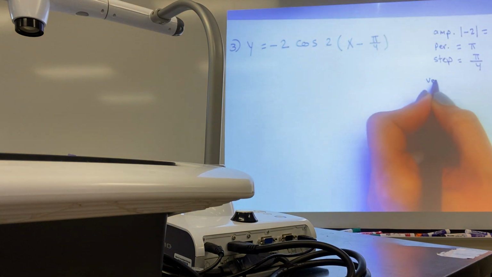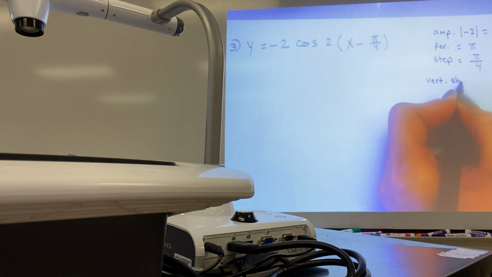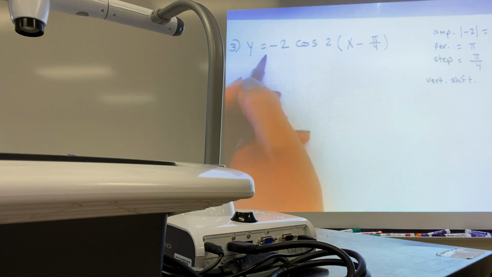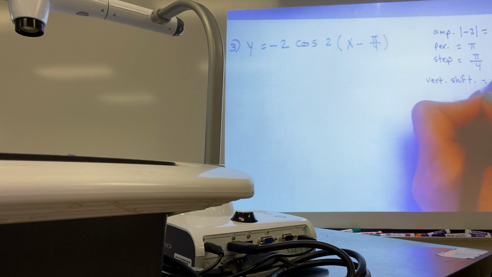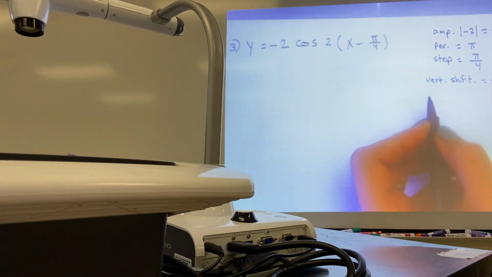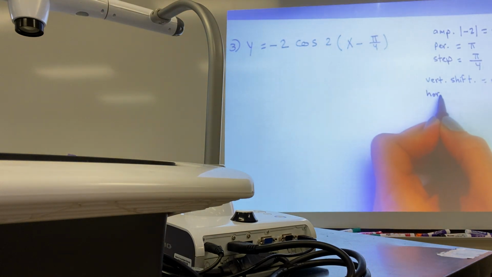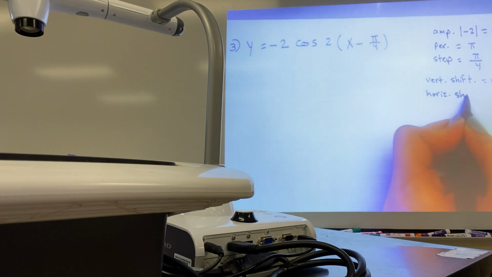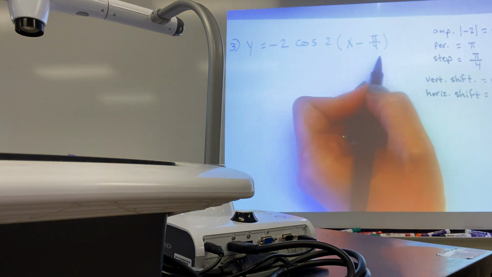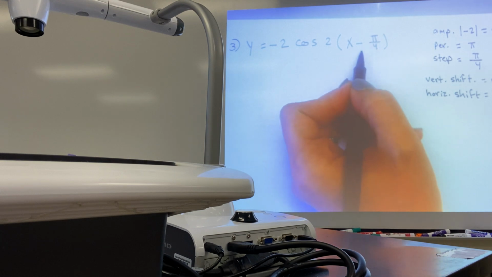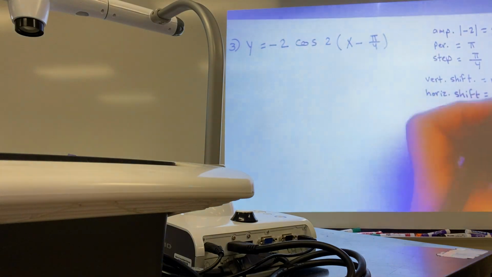Vertical shift, as you see, we don't have a vertical shift here, so say it's none. Horizontal shift, here is the horizontal shift. The horizontal shift is negative pi over 4.